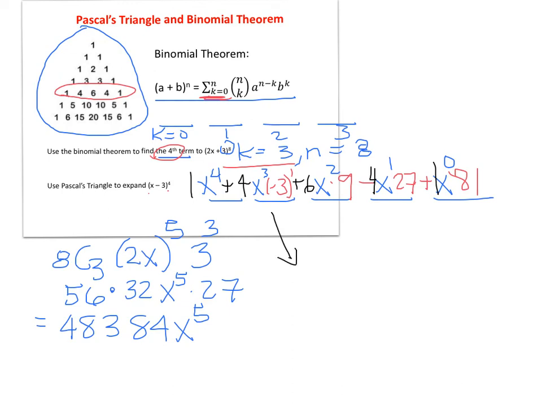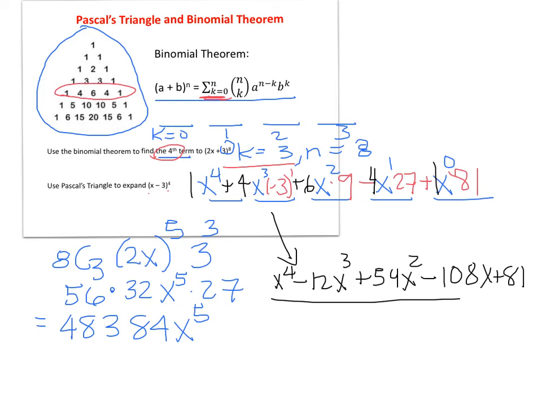So putting it all together, you're going to have x to the fourth minus 12x cubed plus 54x squared minus 27 times 4 is going to be 108 x plus 81. And that would be your final answer.